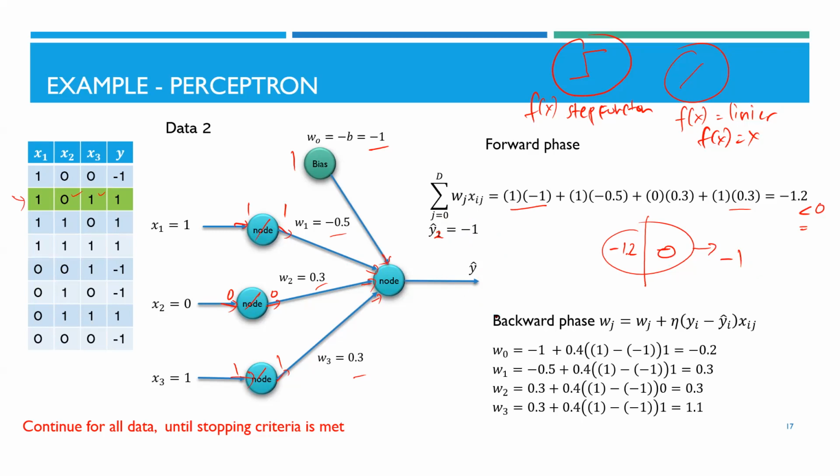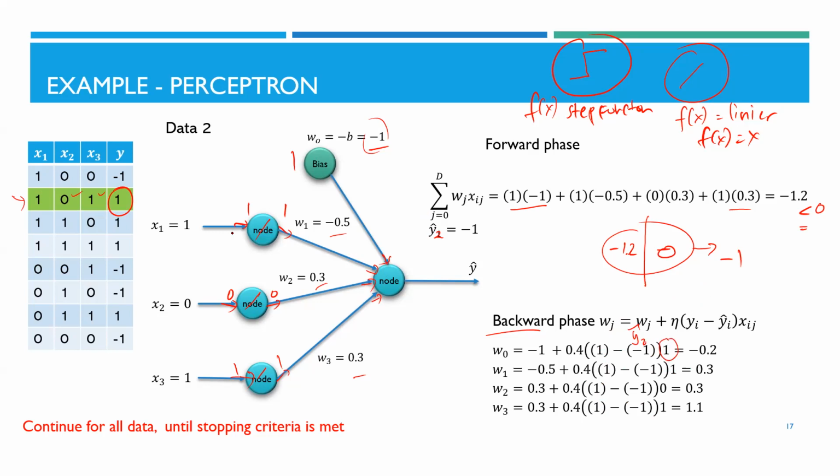And we do the backward phase, using the same equations for each weight. For W0, the original one is minus 1, and 0.4 is the learning rate. This one is the actual value 1 from here, and this one is the predicted output, times the input.